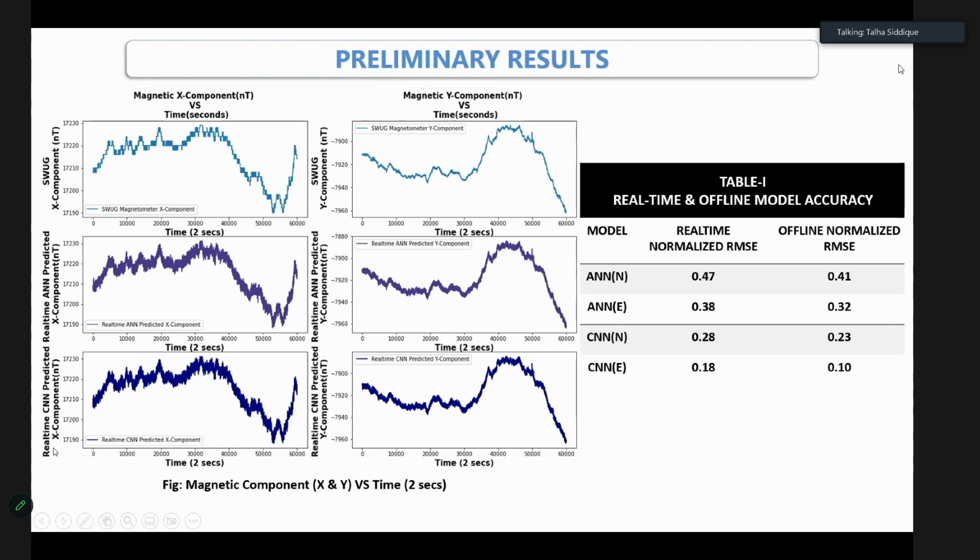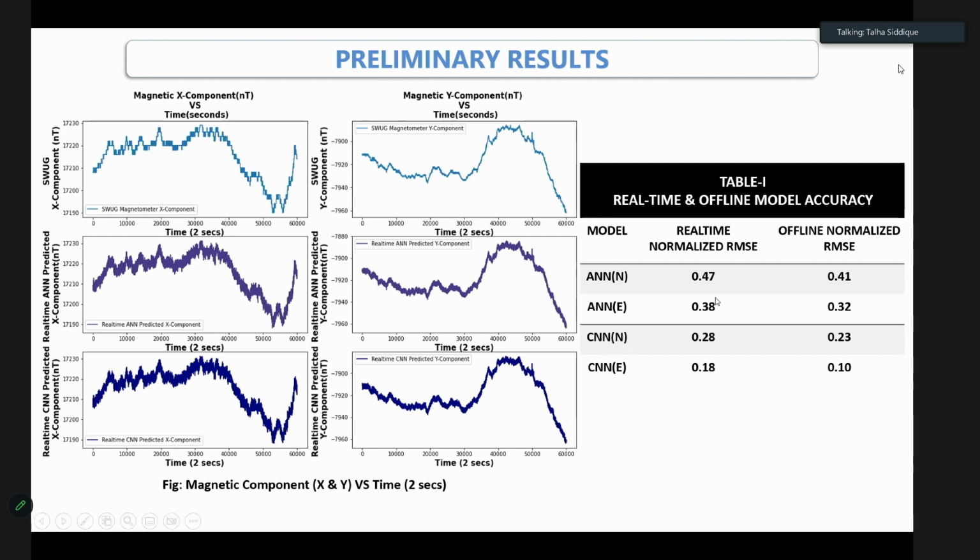On the very last row, you will see the real-time CNN predicted X component followed by the real-time CNN predicted Y component. We found that overall it could predict the general trend, but the RM3100 had a lot of fluctuations in a given time frame.